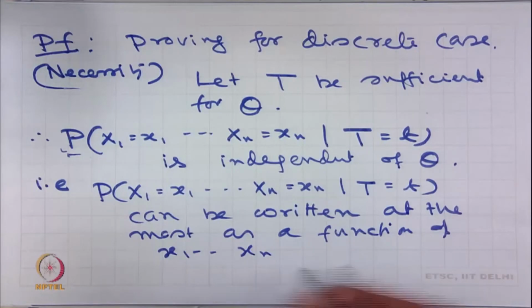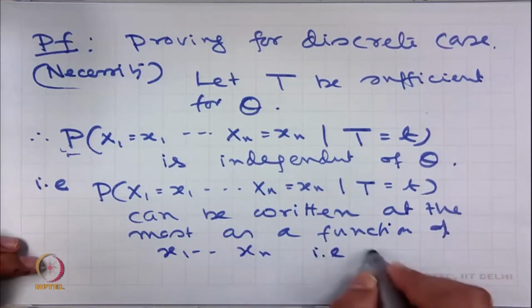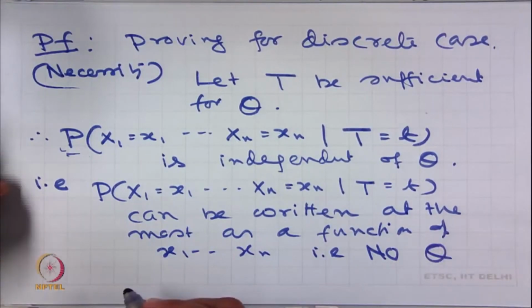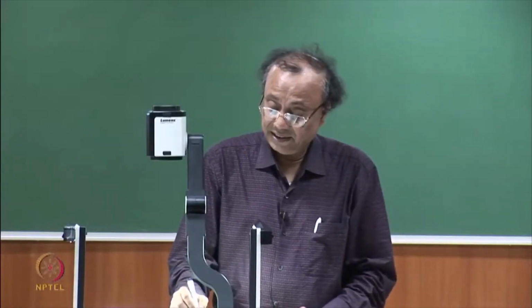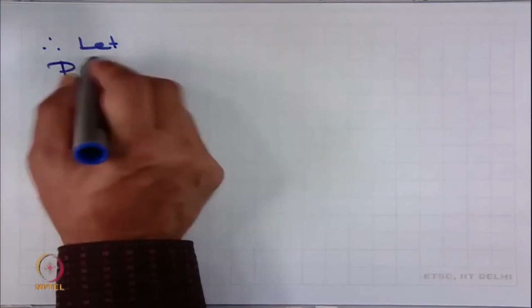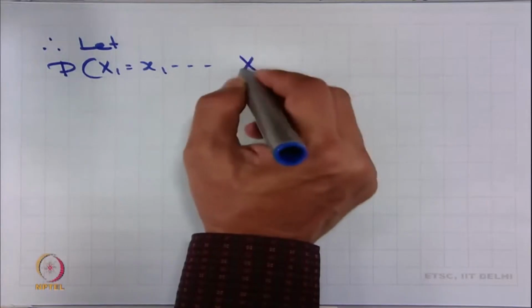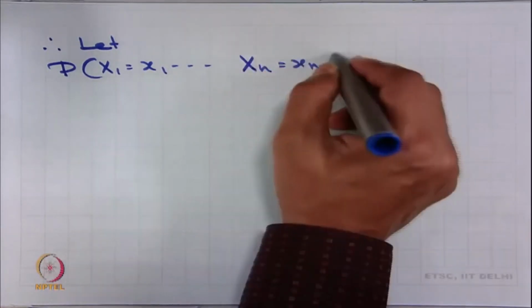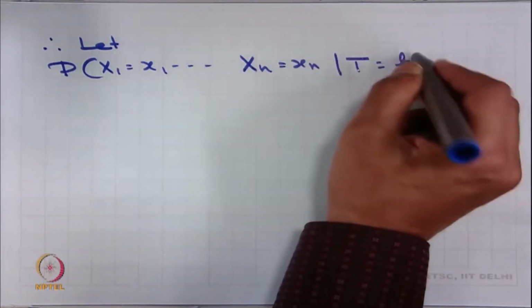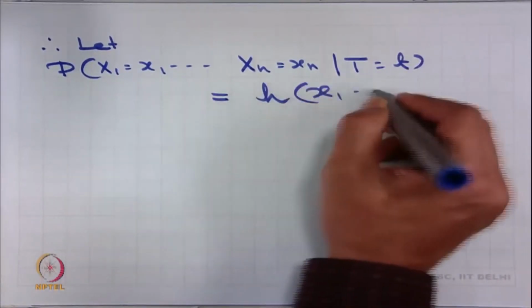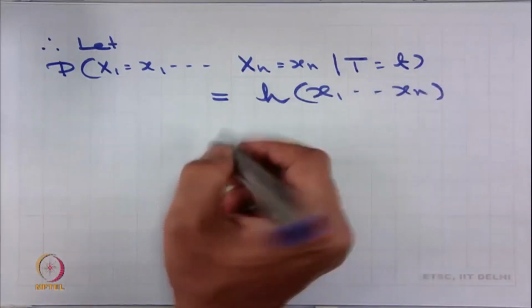That is, no theta. Therefore, let probability x1 is equal to x1 up to xn is equal to xn given t is equal to t be equal to say h of x1, x2, xn.